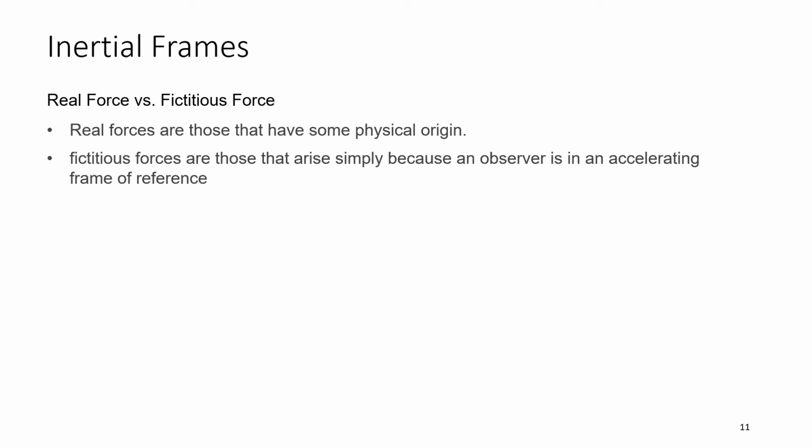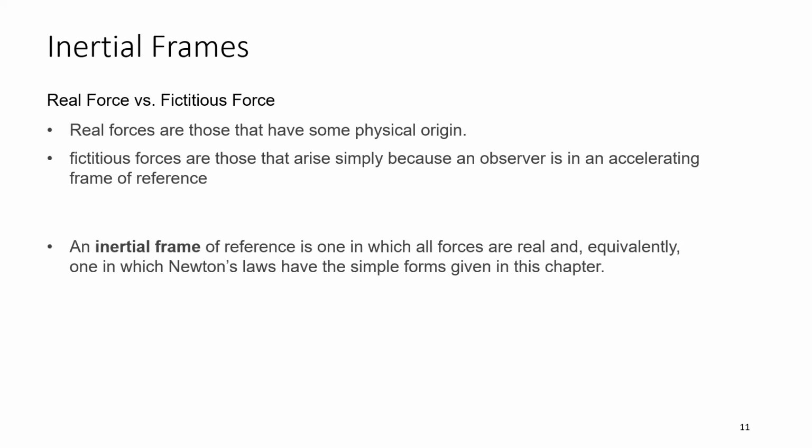On the other hand, fictitious forces are those that arise simply because an observer is in an accelerating frame of reference, such as the force you feel in a merry-go-round or when a car slows down. An inertial frame of reference is one in which all forces are real, and equivalently, one in which Newton's laws have the simple forms given in this chapter.